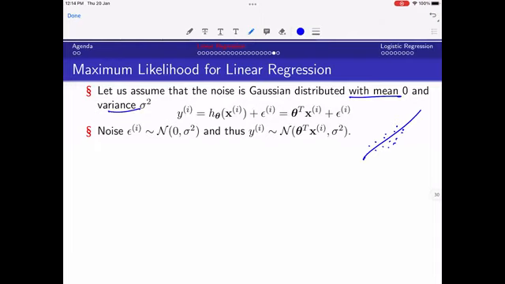So the data is, again, I tried to give some intuitive reasoning for such a modeling.